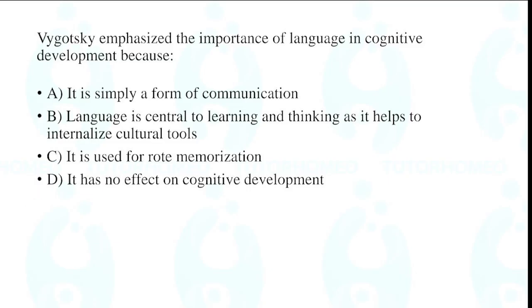Vygotsky believed that language plays a crucial role in cognitive development. Why? Because it is a tool for thought. It is a tool which can help the child to internalize cultural knowledge and problem solving strategies. So the answer is language is central to learning and thinking as it helps to internalize cultural tools. This is your answer.